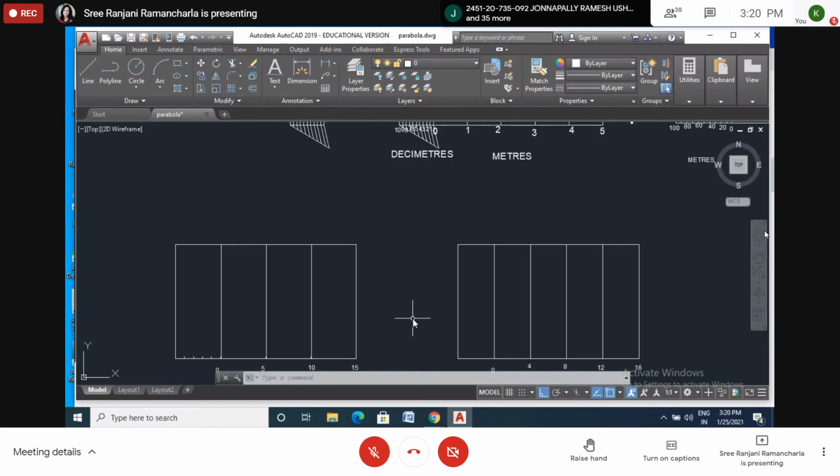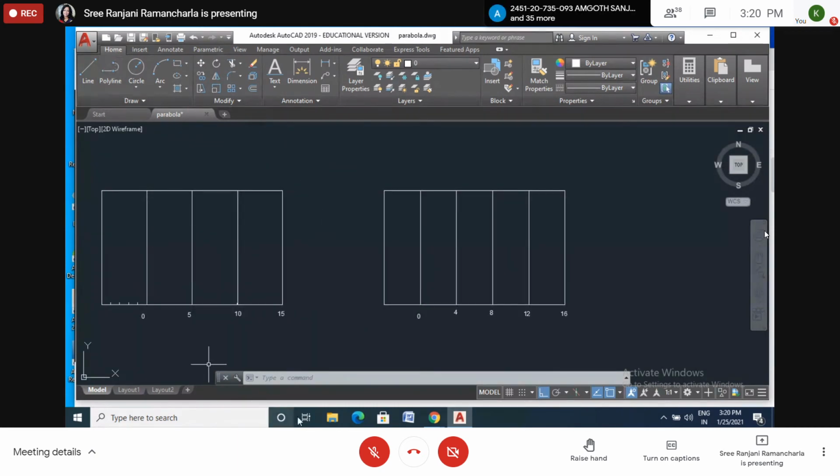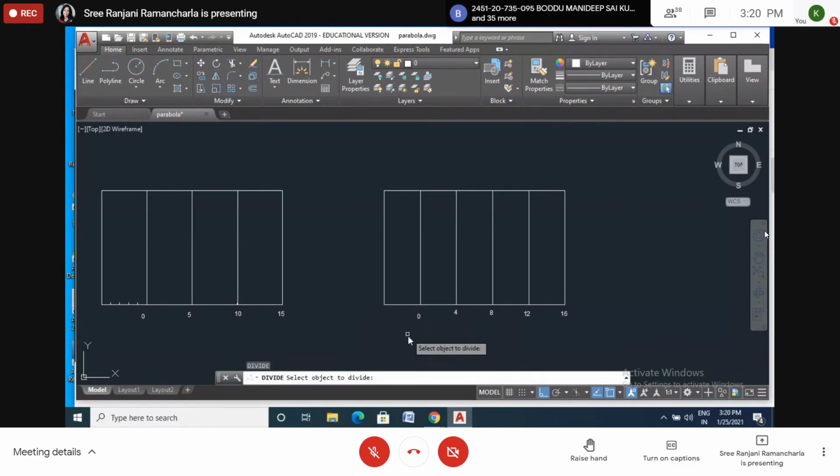Now the second case. Here, how many divisions do you have to make? 4 divisions. What are the units? 0, 4, 8, 12, 16.